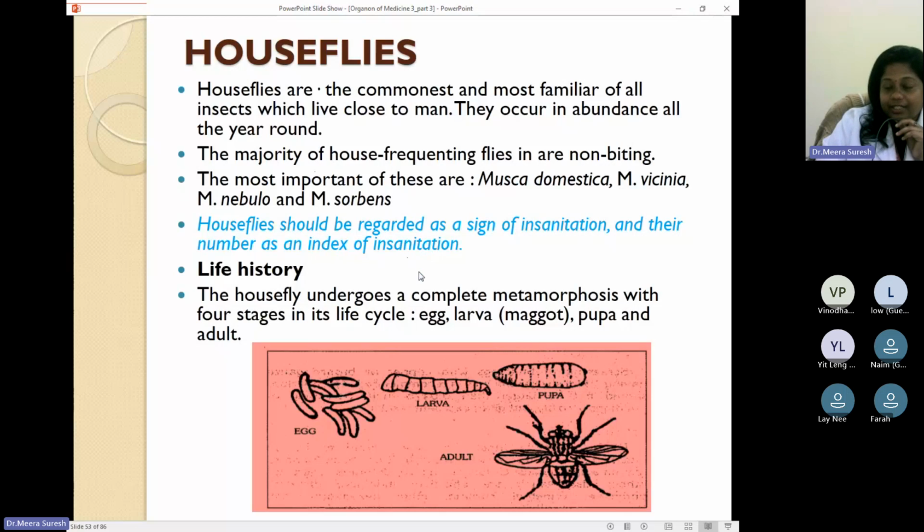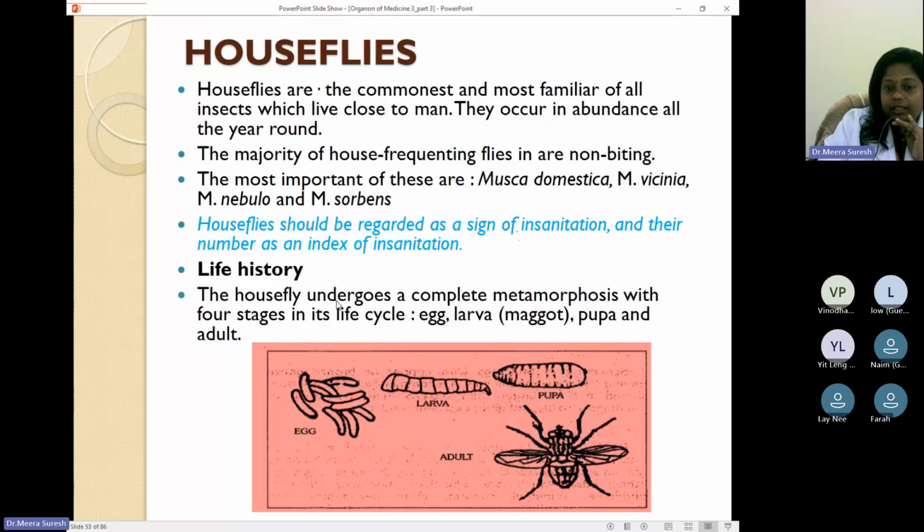So this can be asked as an MCQ: among insects, it is the housefly whose presence is considered a sign of insanitation, and their number an index of insanitation. Mosquitoes, though they cause a large number of medically important diseases, are not considered a sign of insanitation.